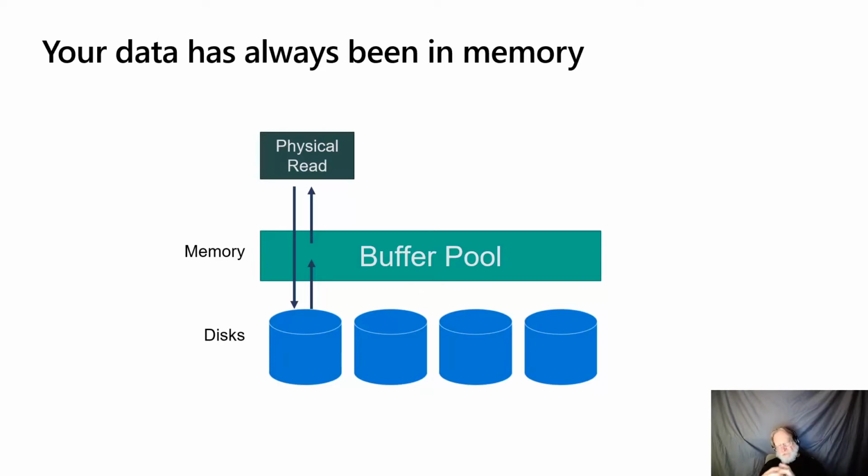It's just a way of packaging that memory for movement back and forth between memory and disk. If that page is already in memory when you issue the read, it's what we call a logical read, which means we just read it right out of the buffer pool. We don't ever go down to the disk. So you want to keep that data in buffer pool as much as possible. That way you're not making the trip out to the physical disk device.